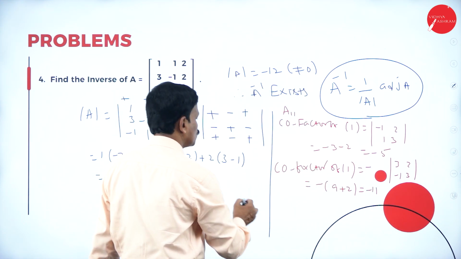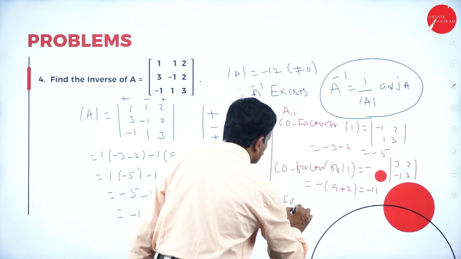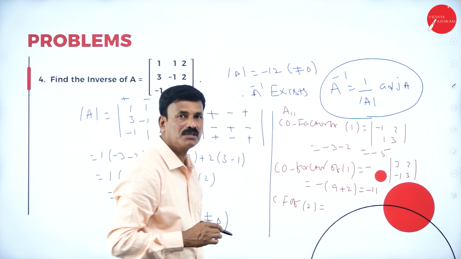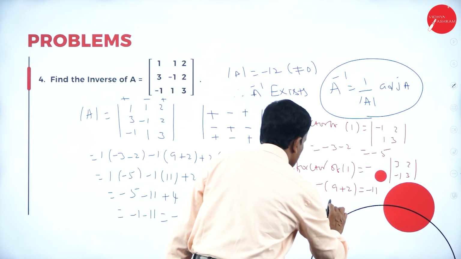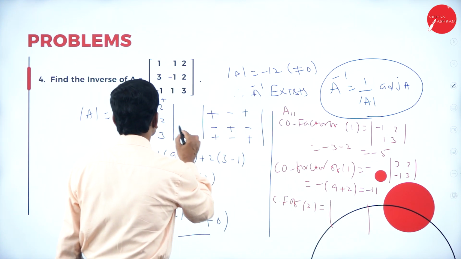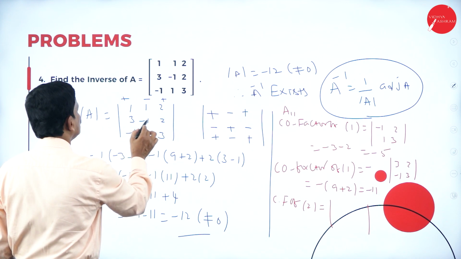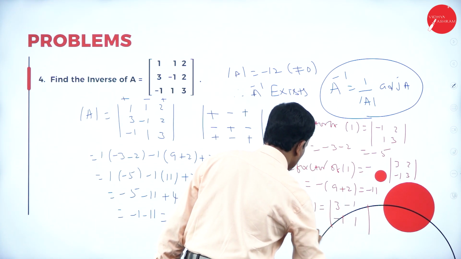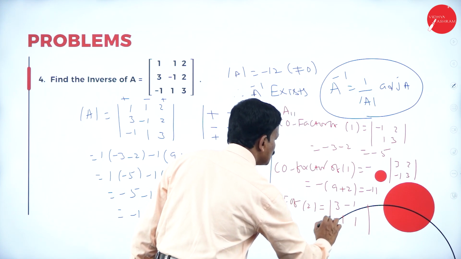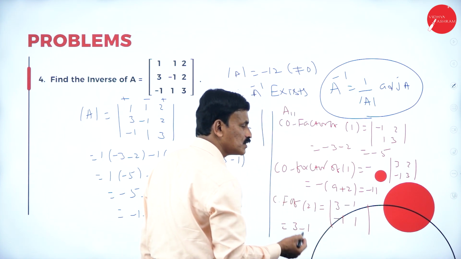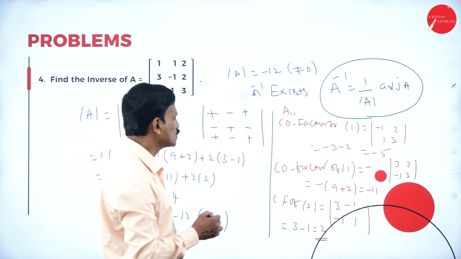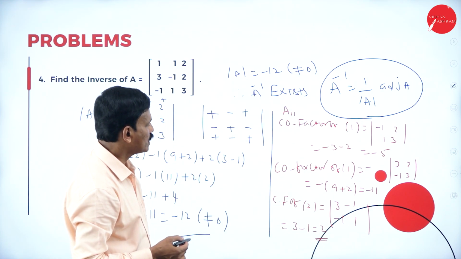And the cofactor of the last element, 2, the third element of the first row: the sign is positive, this row and column are deleted, leaving [3, -1; 2, 1]. This is 3 minus 1... which is equal to 2. So the cofactors for the first row are minus 5, minus 11 and 2.